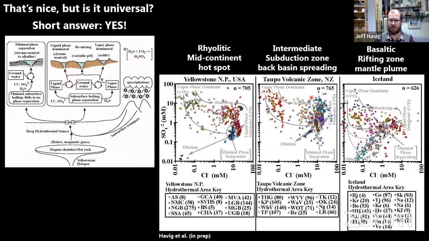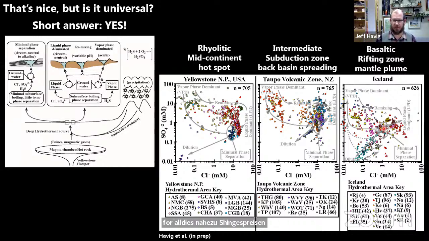And so we have a rhyolitic mid-continent hotspot, an intermediate subduction zone back-arc basin spreading zone, and then a basaltic rift zone driven by a mantle plume. And the short answer is that we see the same patterns emerging from all of these. And so that shouldn't be surprising. Physics is physics. It works for all these systems.